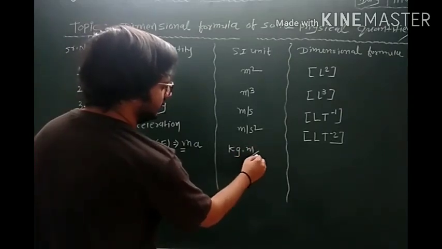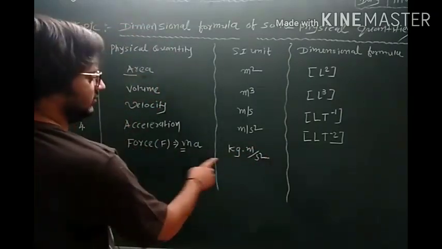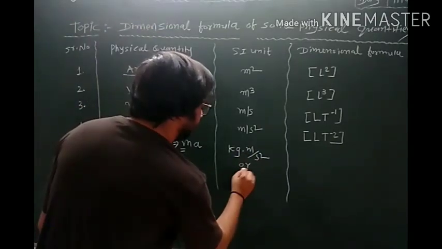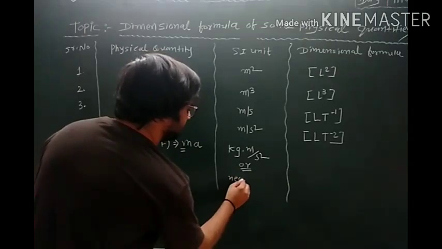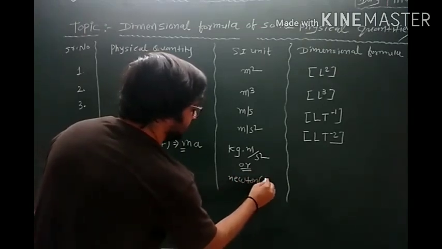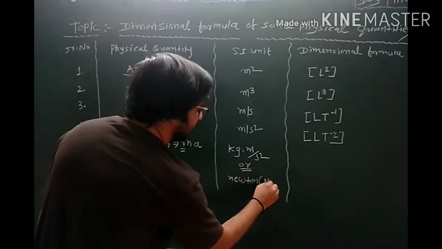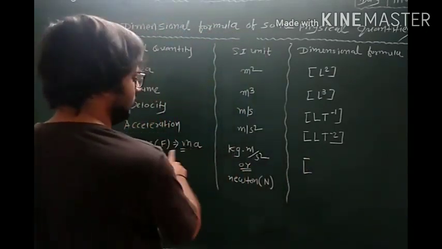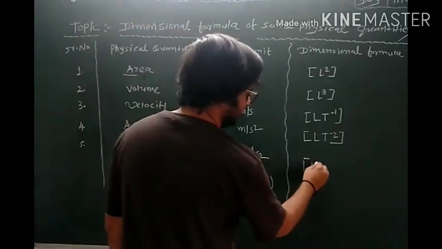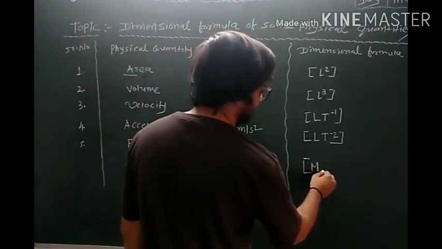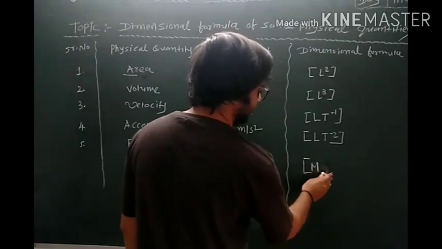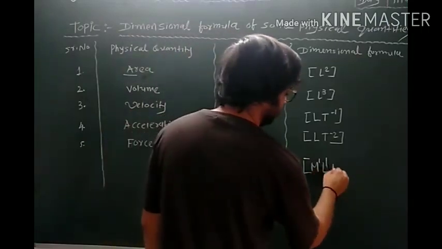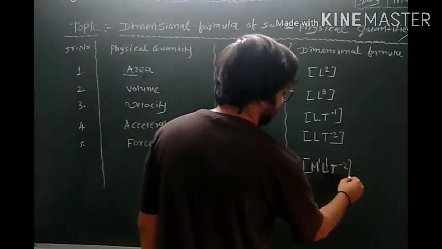So the unit of force is kilogram meter per second square, or Newton, capital N. The dimensional formula of force is M1 L1 T raised to minus 2.